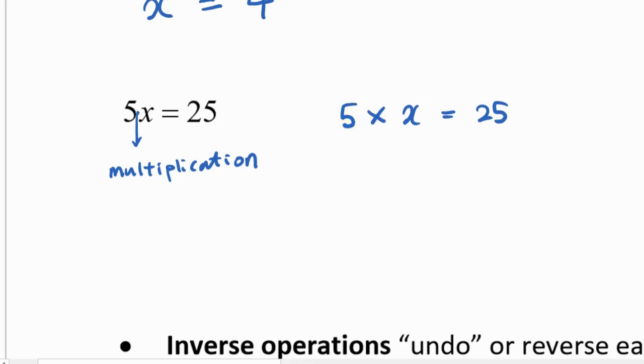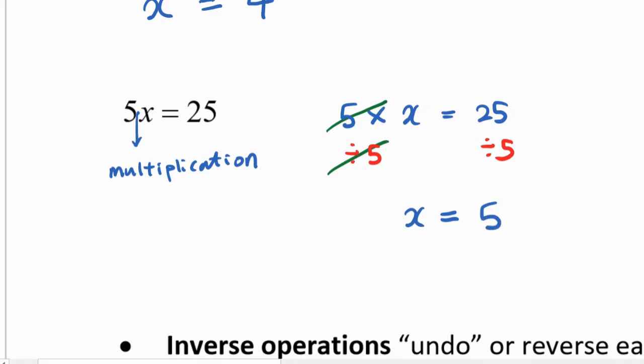So we're going to divide both sides by 5. Then this will be cancelled, and what I have is x equals 25 divided by 5, which is 5.